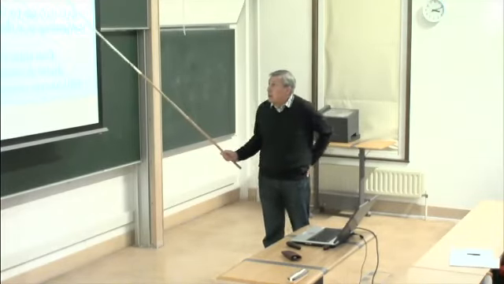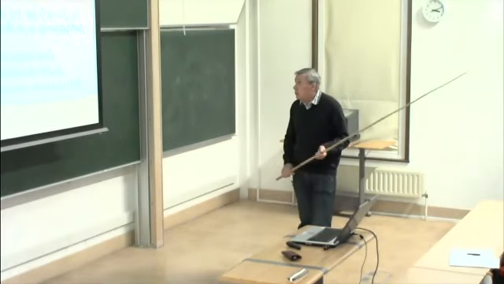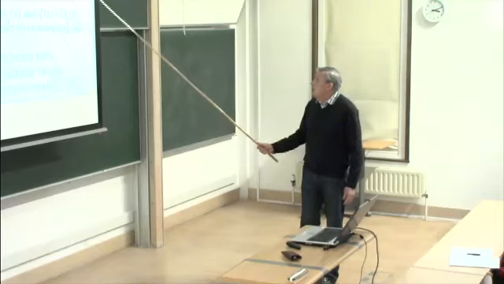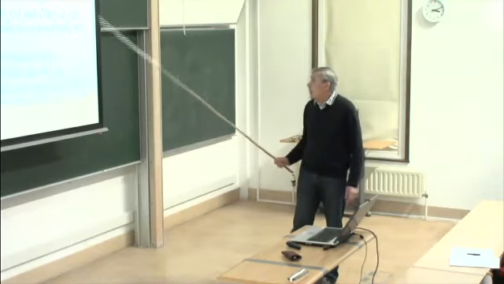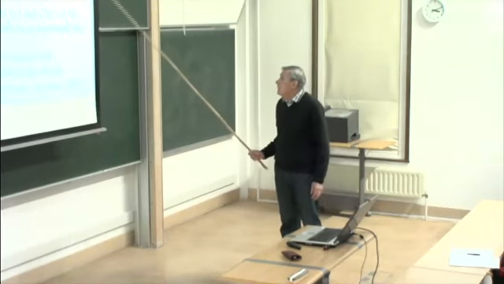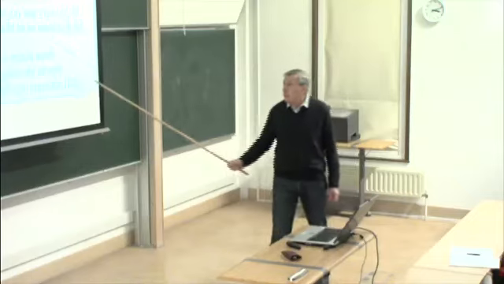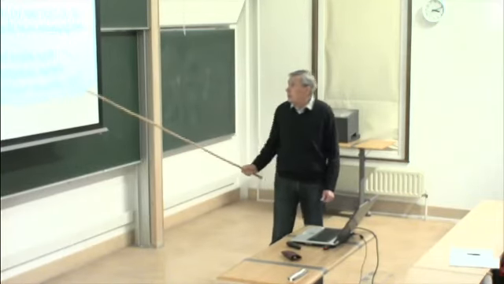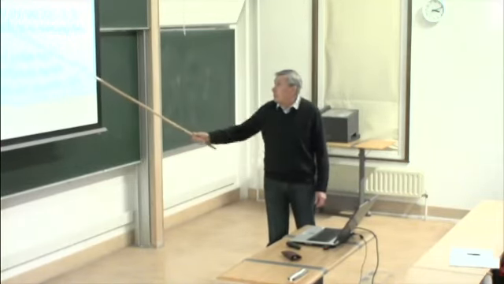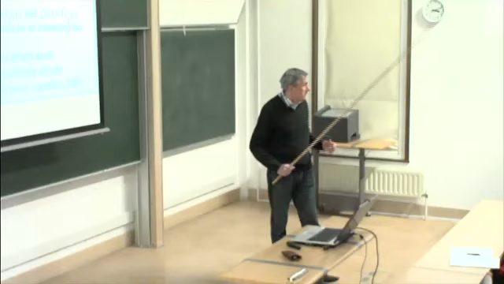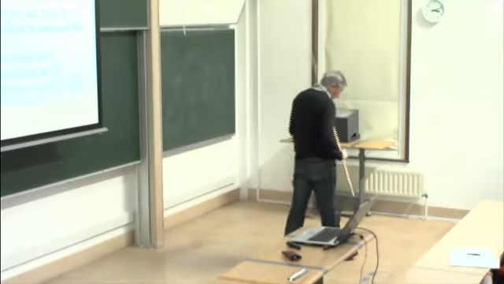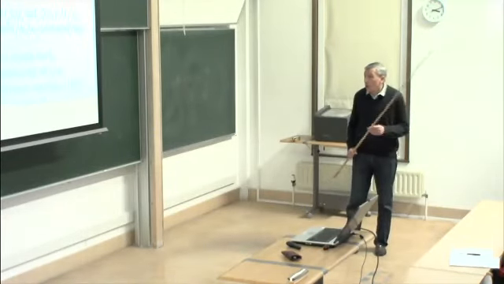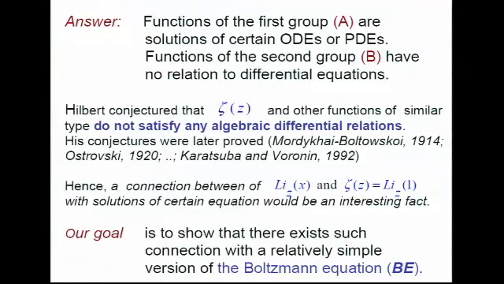And his conjecture was later proved. Just to give references: Hölder in 1887, Ostrowski in 1920, and a lot of other references, and more or less a discussion of this problem can be found in the book of Karatsuba and Voronin.